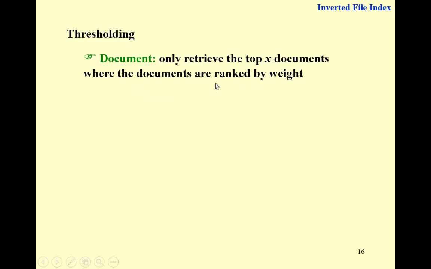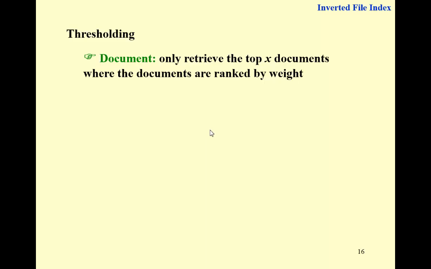So the basic idea is that when a user searches for something and the search engine returns several pages of results, usually a user would only take time to go through the first several pages. For example, if you get like 2,000 pages of results, I don't think there's anyone who would really go through those 2,000 pages one by one.